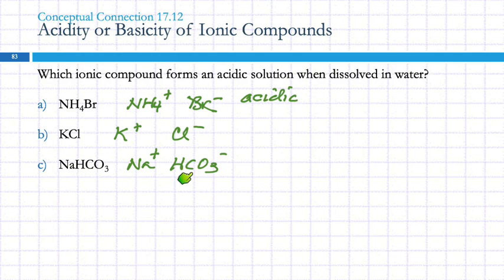This can act as a base. Yes, that's right. It's confusing because it can also act as an acid, but we don't want to go there. So that's not going to do anything. These aren't going to do anything. This will act as a base, so this solution would be basic, but it's asking which of them forms an acidic solution. So that would be the answer.